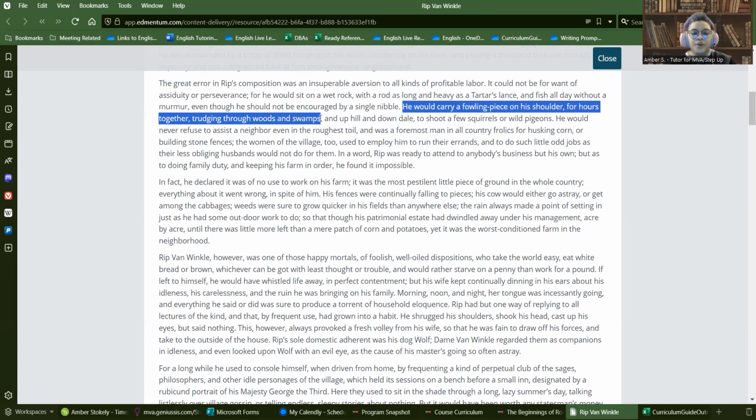Trudging means to drag and stomp your way through woods and swamps to shoot a few squirrels or wild pigeons. So basically what they're describing here is there's stuff for him that he's willing to do. He has the patience and he has the focus to do something for long periods of time. But he just doesn't want to do work for money.